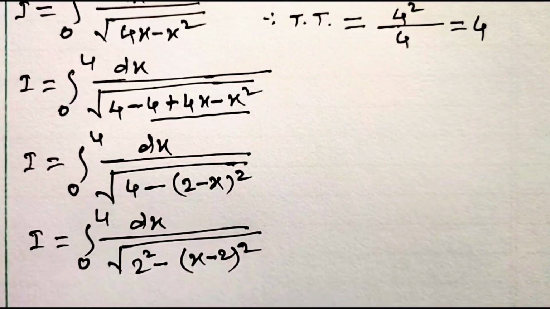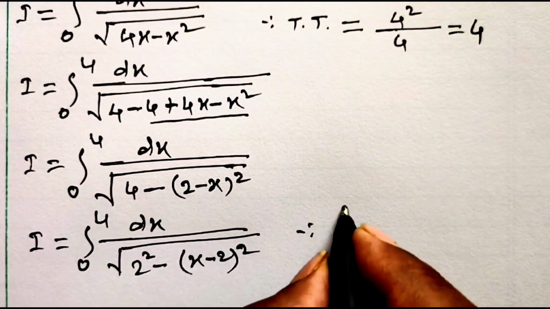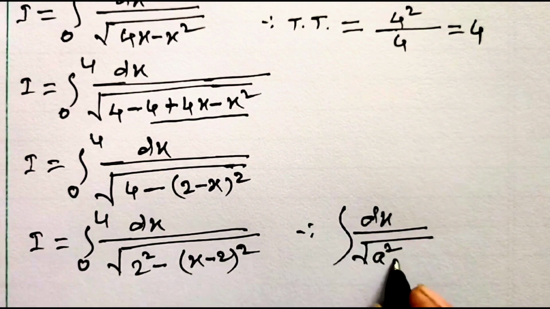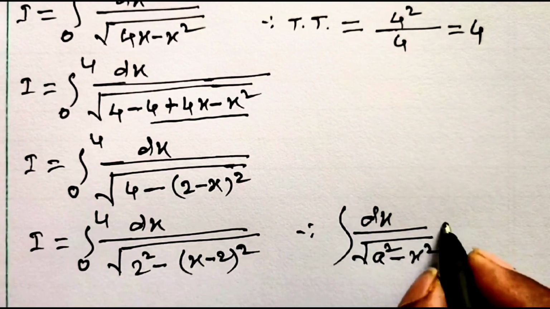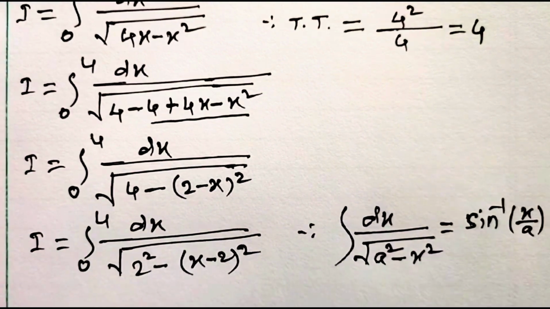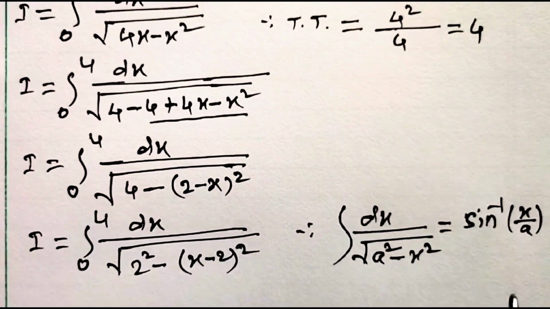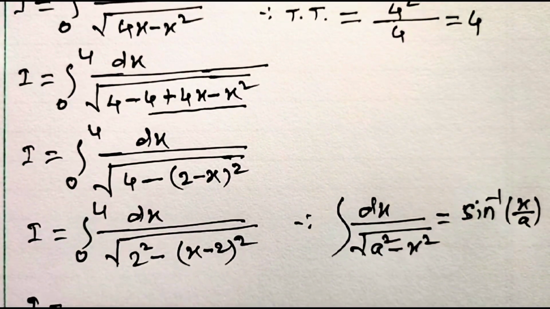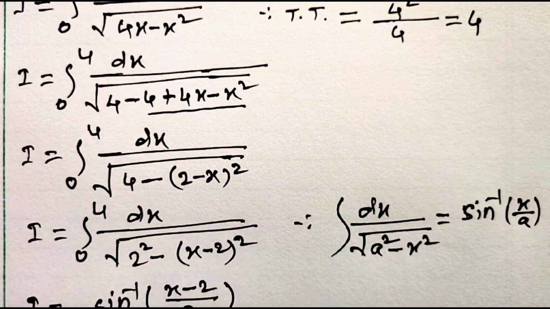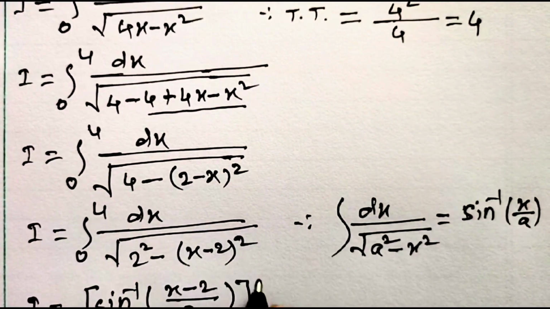And now you can apply the standard formula, dx divided by square root of a square minus x square is equal to sine inverse x upon a. Okay, we can apply this formula. Hence I is equal to sine inverse x, that is x minus 2, x minus 2 divided by 2, limits from 0 to 4.